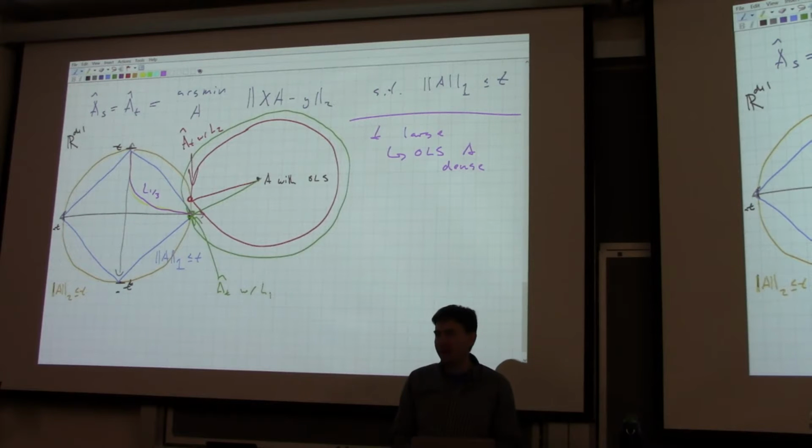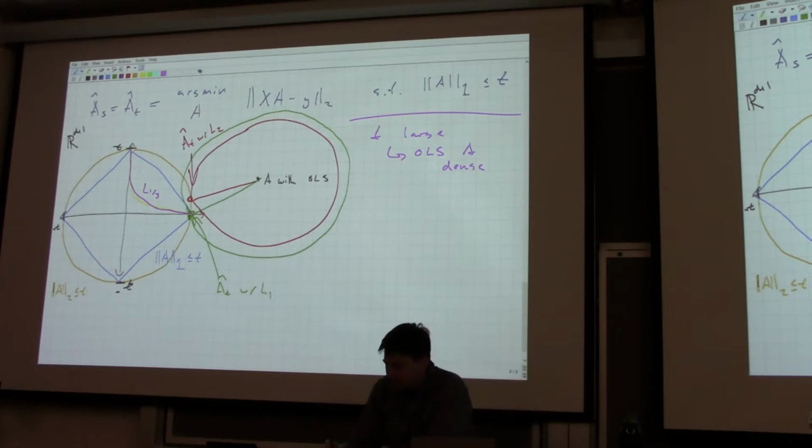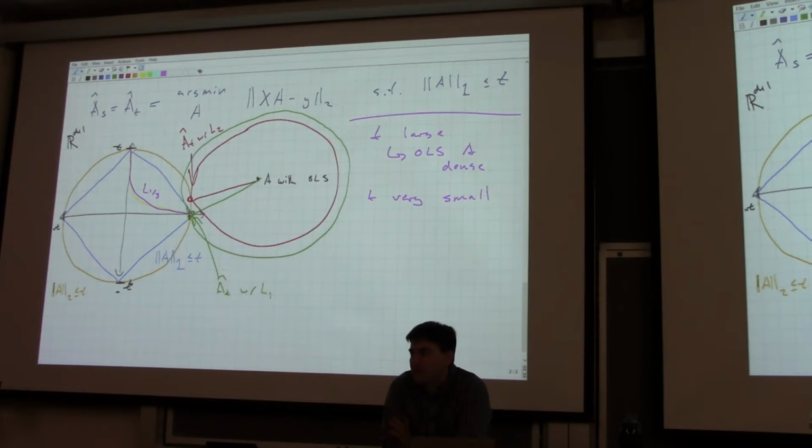Okay, so then what happens if t is very small? What if t is basically 0? What solution are you going to get?